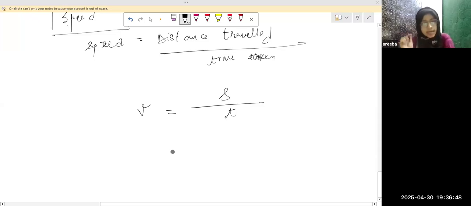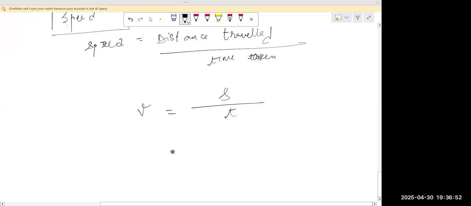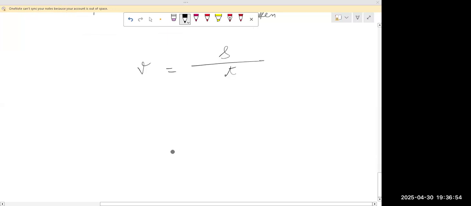But for distance, we use s, so don't confuse it with d. SI unit is meter per second, we already know. Next point.